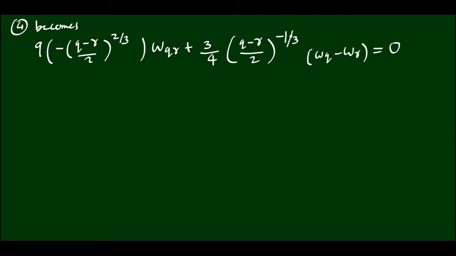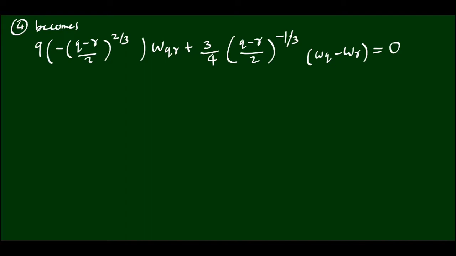This equation is in the canonical form of our trichotomy equation, but we can convert it into a much simpler form. For that we will be taking minus 9 into (q minus r) all raised to 2 by 3 common from the terms on the left side.